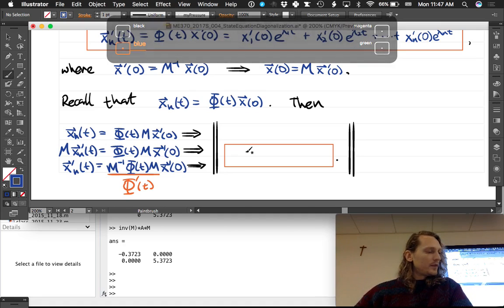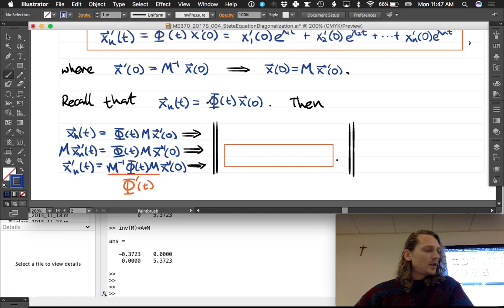So now we've got this expression here, phi prime of t equals m inverse phi of t m. Okay?